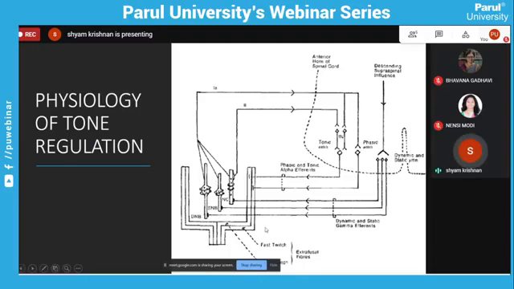Thereby, it will regulate the length of the intrafusal muscle fiber, and hence the input from the 1A and 2 fibers into the spinal cord, thereby regulating the tone. Now if these supraspinal influences are lost, if there is a loss of the supraspinal influences on the gamma motor neuron system, the gamma motor neuron system is left to act by itself. This is what you are talking about when you talk about disinhibition.